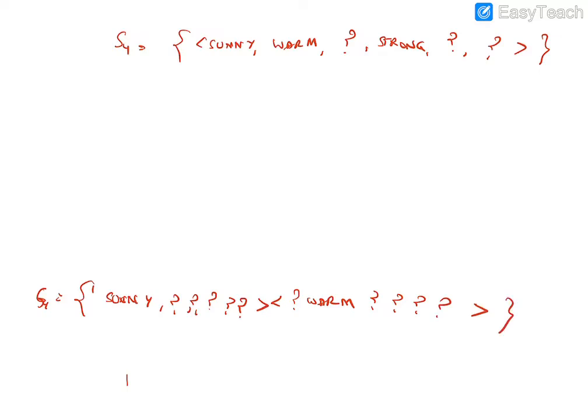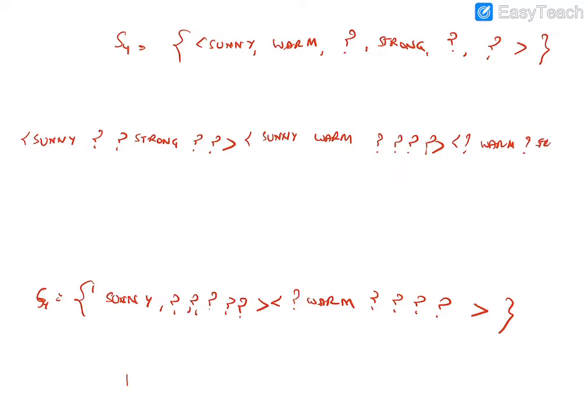So what is the version space? If you are going to take the version space, what we are going to see, and here I am going to get sunny, 1 2, strong, 1 2, and then sunny, warm, 1 2 3 4, and again generalized, warm, generalized, strong, question mark.